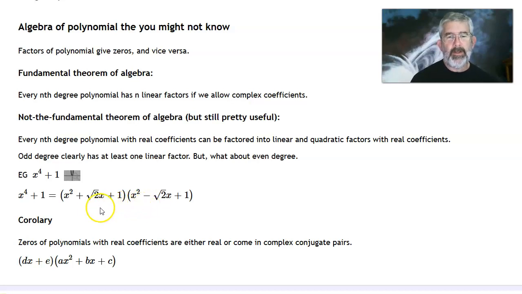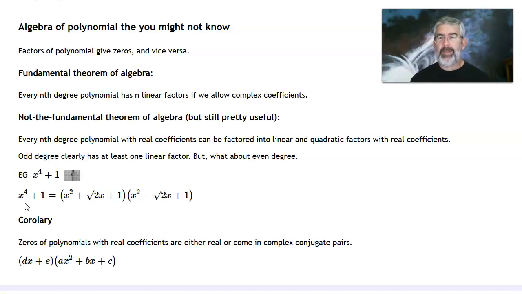Likewise, the x's come from this radical 2 x times 1, and that 1 times the minus radical 2 x, canceling out again. There are no x's, and then 1 times 1 is plus 1. So sure enough, it does factor as those two quadratics.